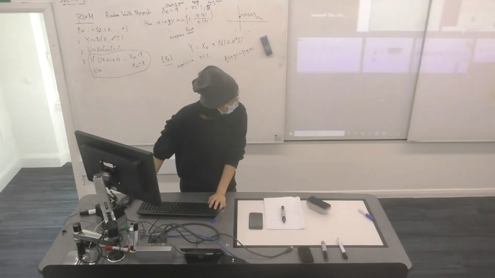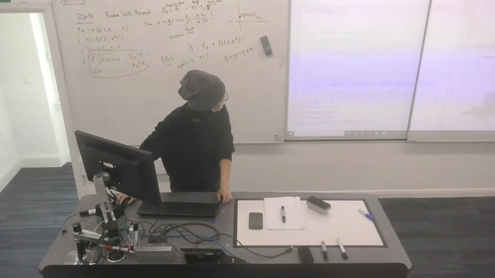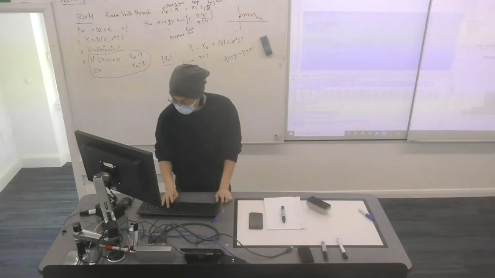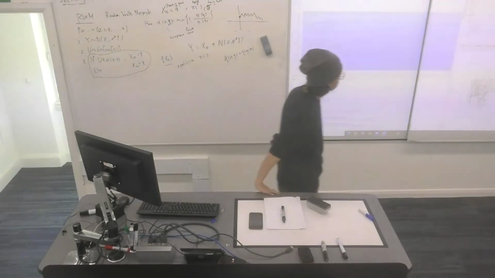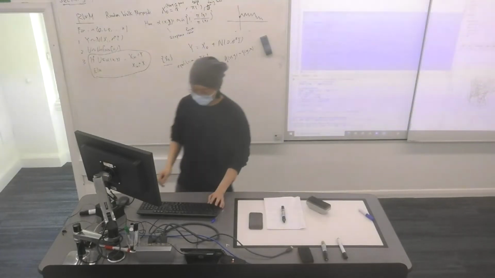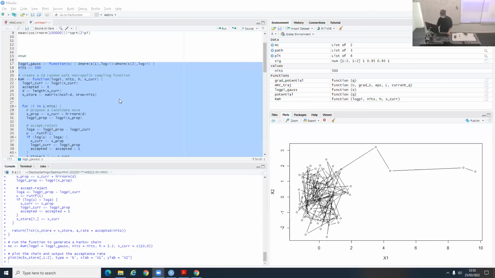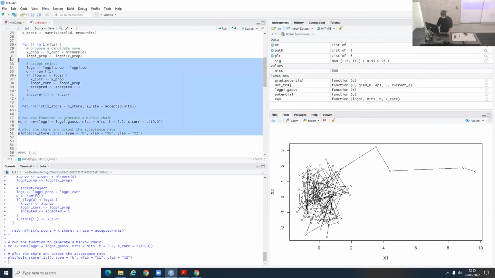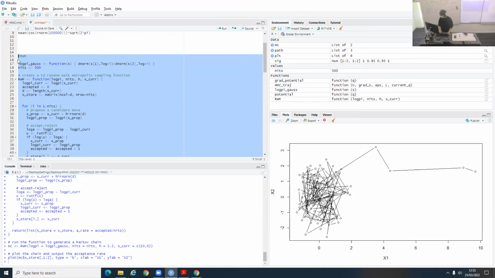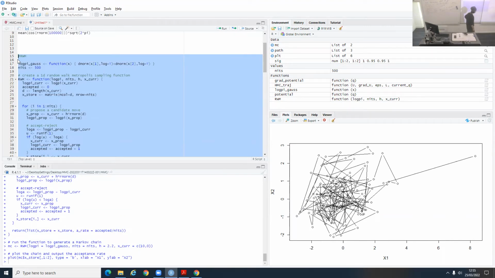Random walk metropolis. There we go. Oh, sure. Sorry. This is the generated output of this 2D random walk metropolis algorithm.